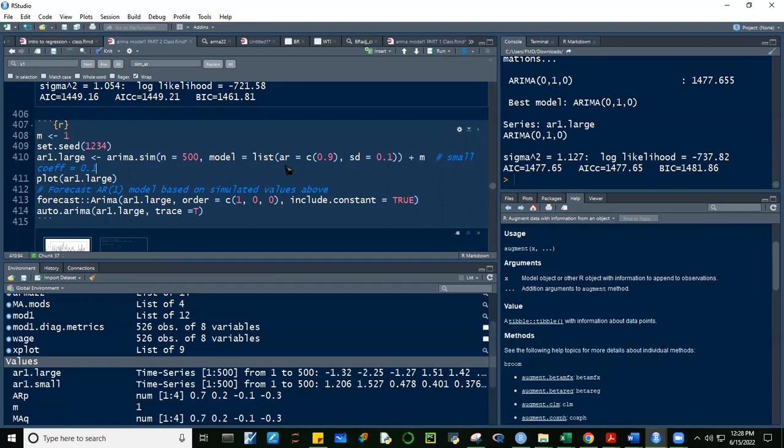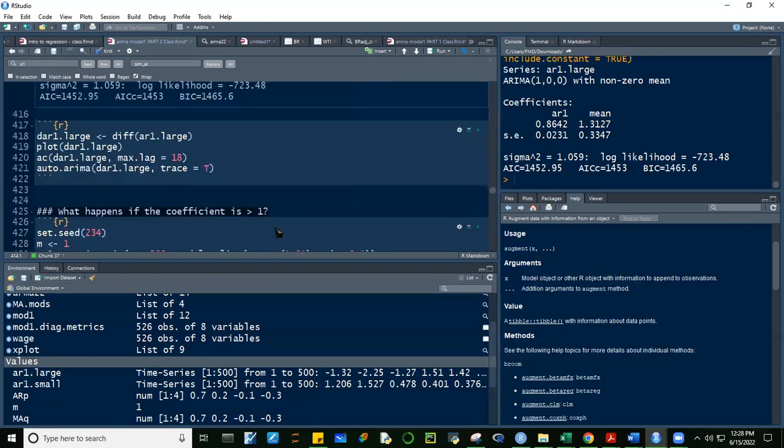Okay, ito, nag-run tayo ng AR1 equal to 0.9. Nung plinat natin, it's stationary. Tapos, we ask R to mag-generate ng ARIMA model, AR1 process.